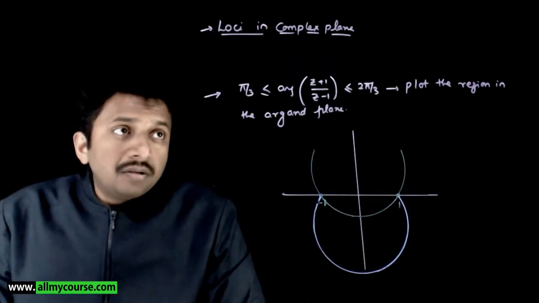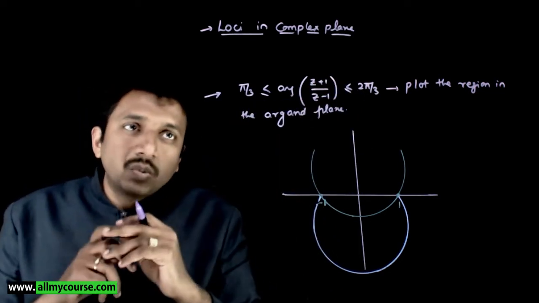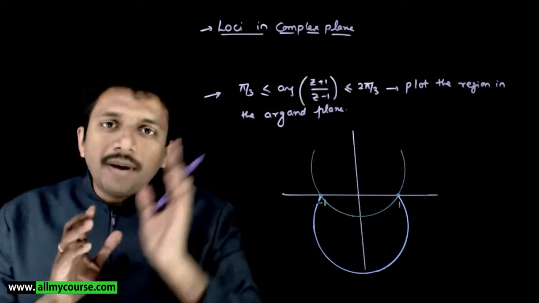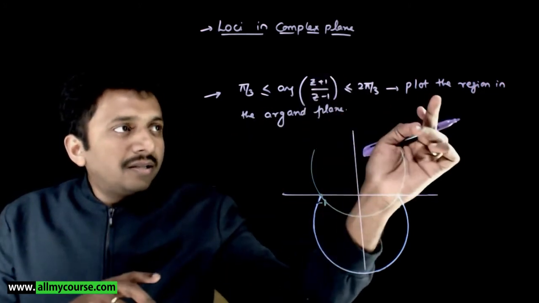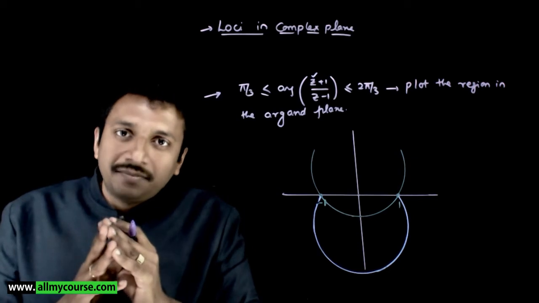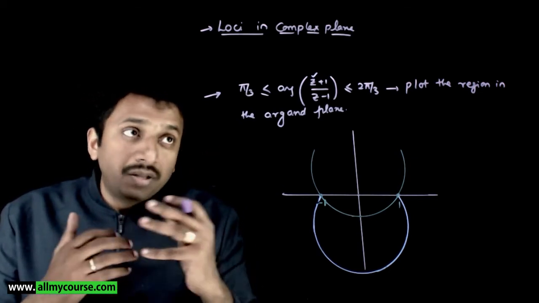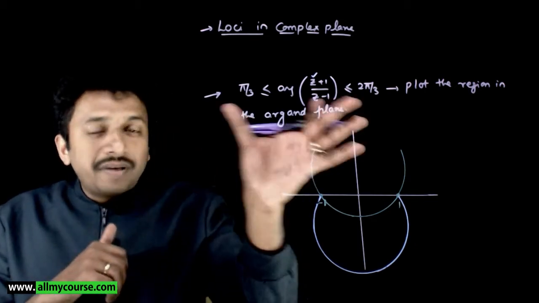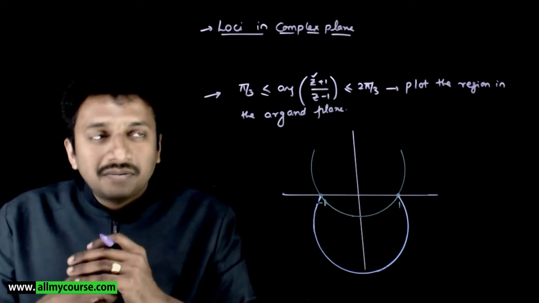So in this question, you're given that argument of (z plus 1) by (z minus 1) is in between pi by 3 and 2 pi by 3. If that is so, plot the region that corresponds to the complex number z satisfying this inequation. That's the question. You're asked to plot the locus of z satisfying this condition. Now what is the meaning of this condition?